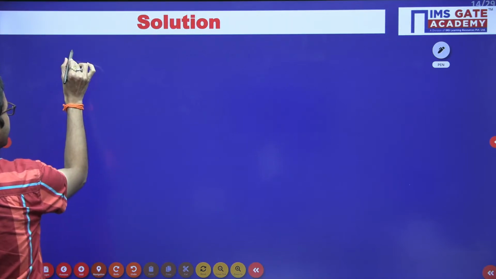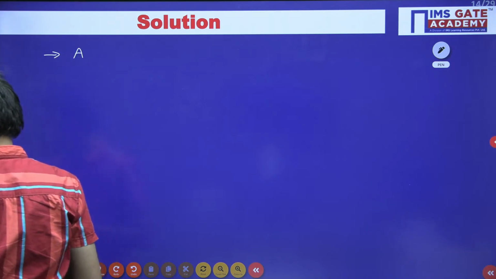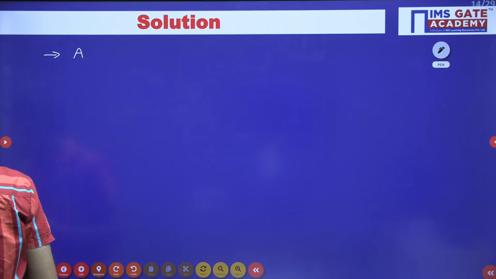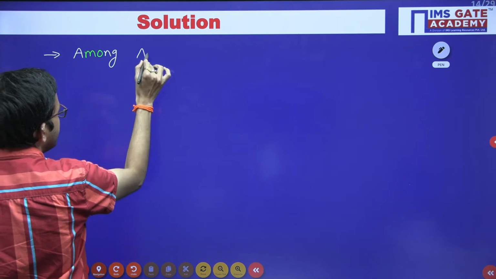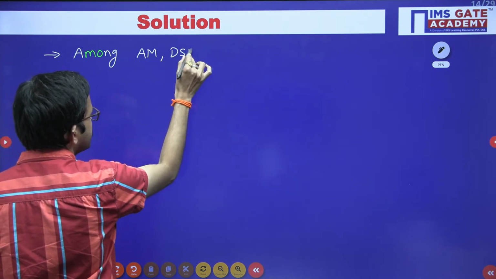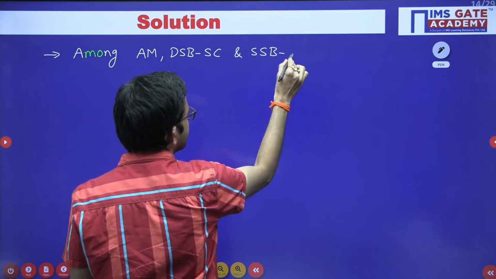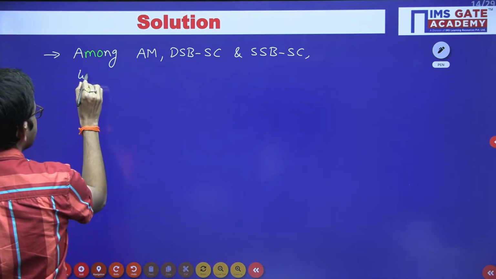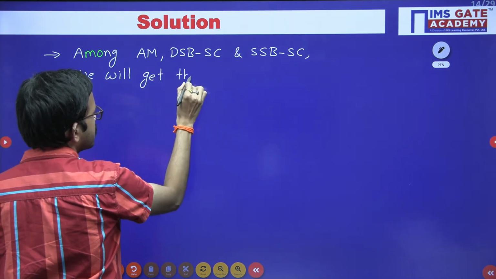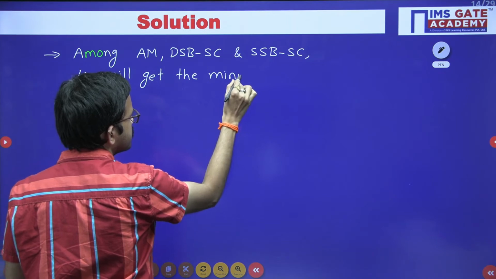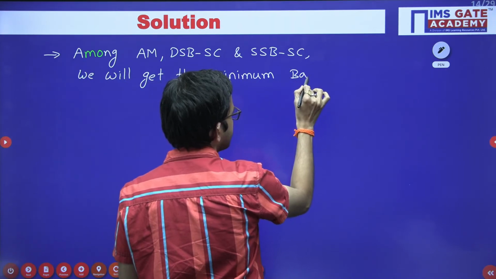So now we are considering SSBSC. If you want, you can make a note: among AM, DSBSC, and SSBSC, we will get the minimum bandwidth in SSBSC.